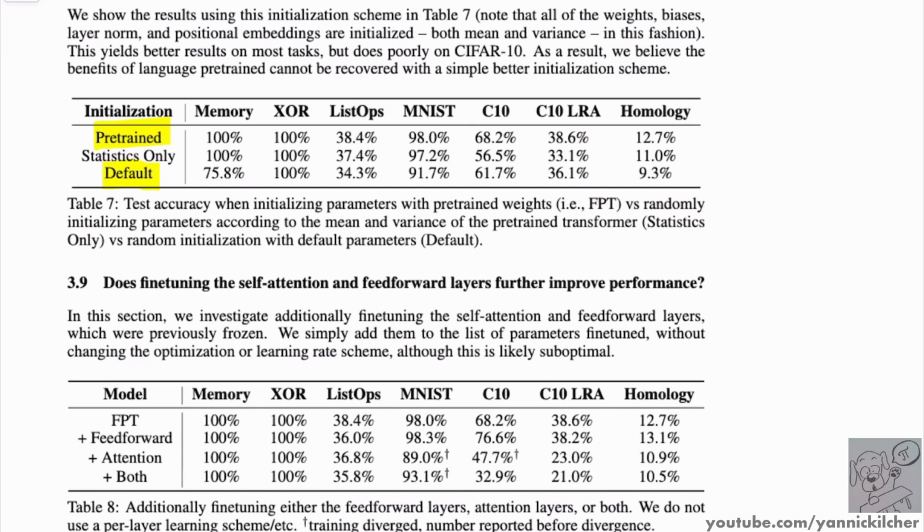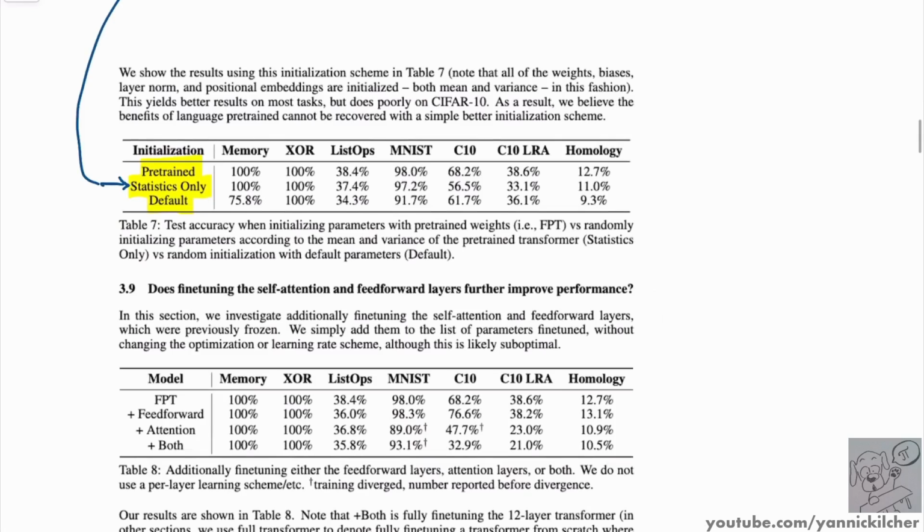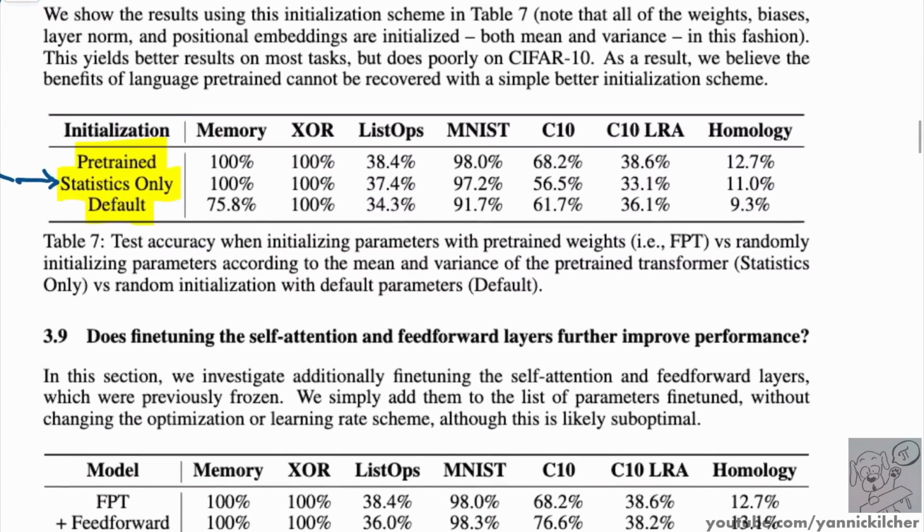We've already seen those as well. And then they're going to take a randomly initialized one, but not randomly with the default randomization, but randomly with the statistics they got from the oracle. So this transformer is going to be randomly initialized, but it has the same statistics as the fully trained transformer. So the statistics are correct.